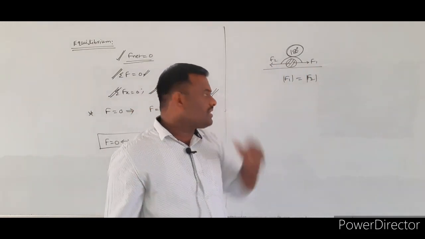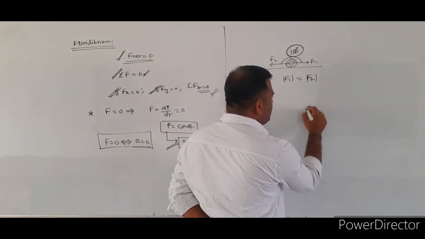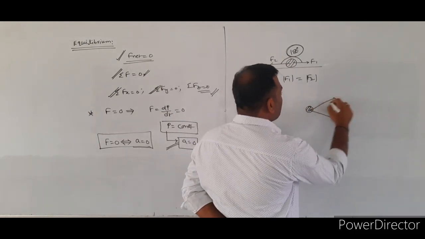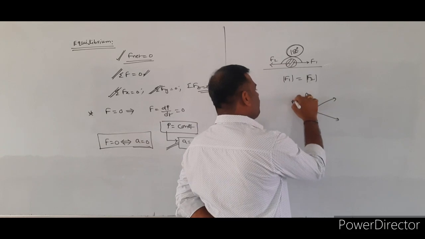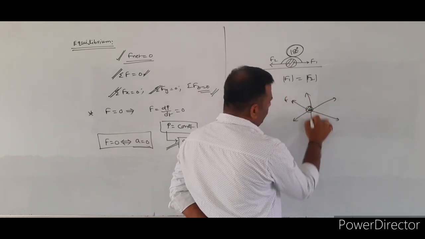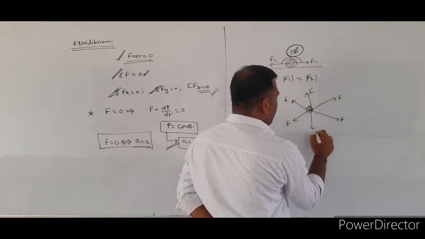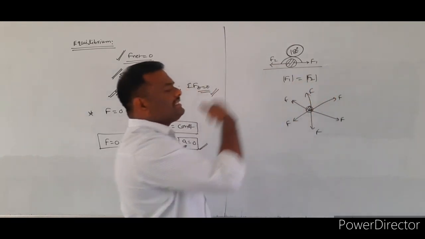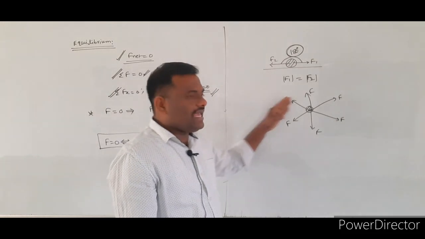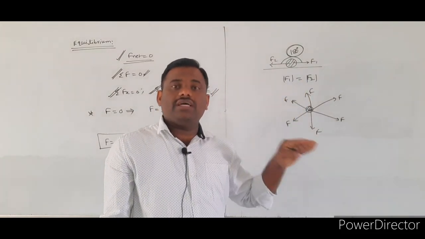Suppose I consider another object. Over this object, equal amounts of forces are acting in different directions, and all these forces are keeping the object in the state of equilibrium.